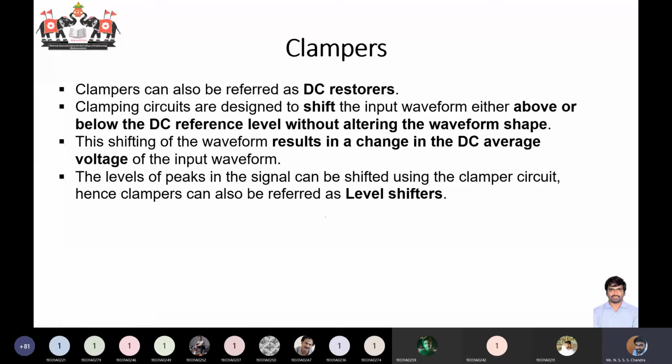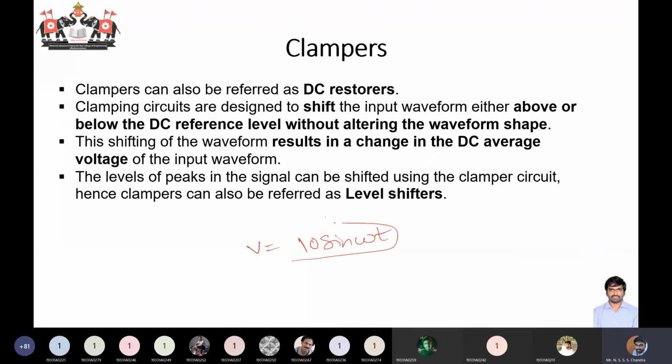So let us take a waveform with a 10 volts peak value, 10 sine theta. For example, I have a waveform 10 sine omega t. So this is your sinusoidal voltage, equal to 10 sine omega t.